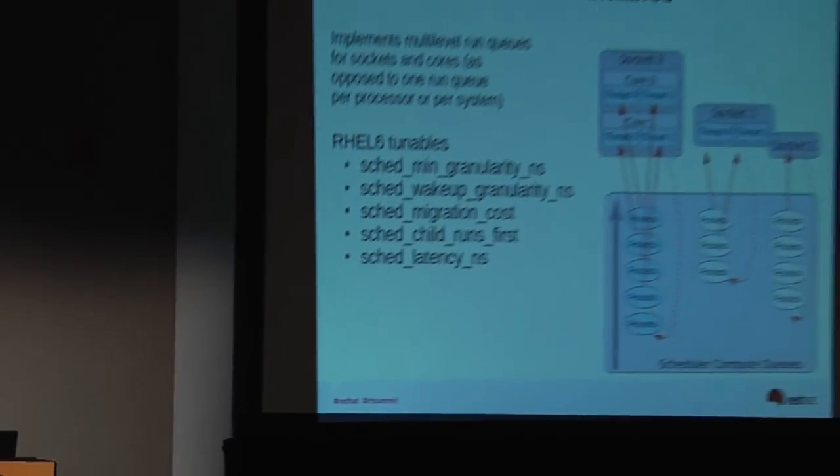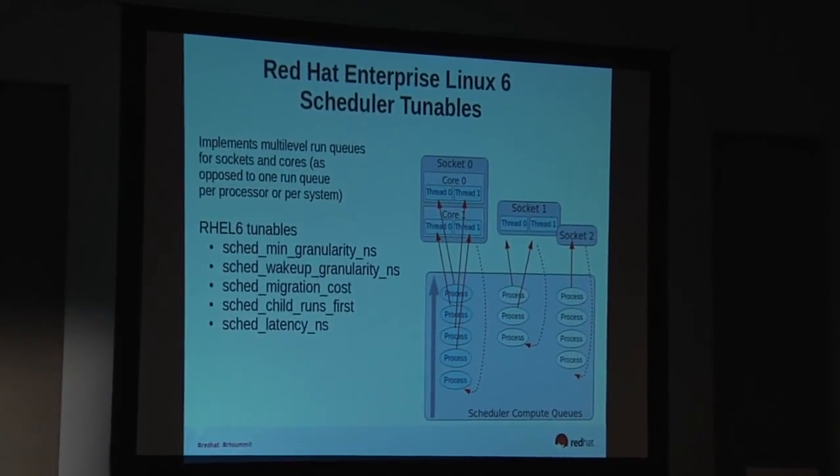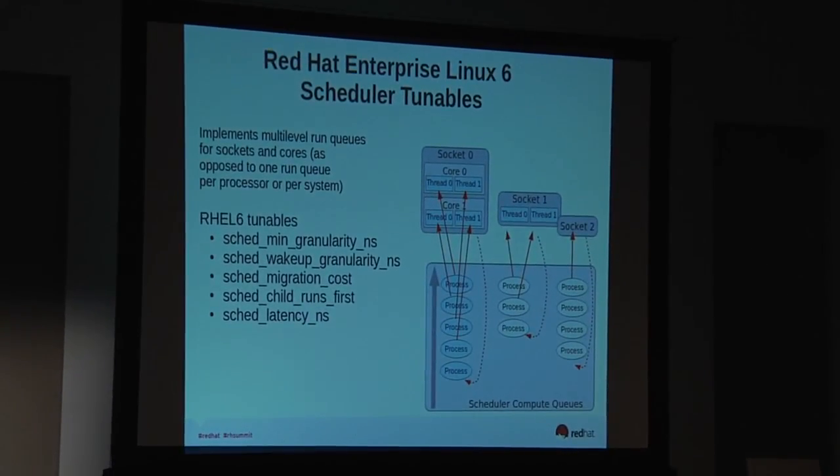All right, so first thing I'm going to say is that what I'm going to go over is some of the parameters that the TuneD profiles actually change, and talk about what they do and why we need to change them, and discuss them enough so that if you need to make finer adjustments, you can do this. One of the attributes of RHEL 6 is the new scheduler, the Completely Fair Scheduler.